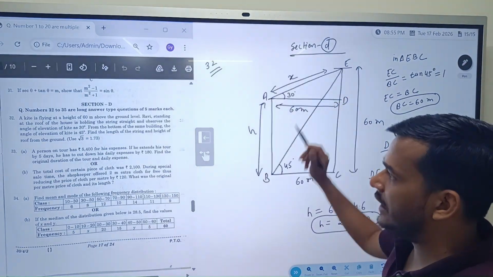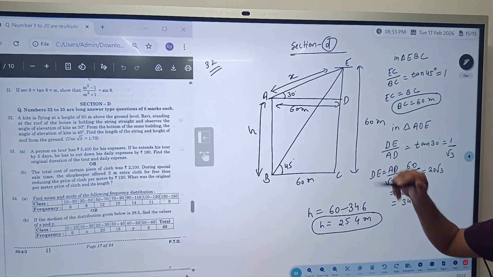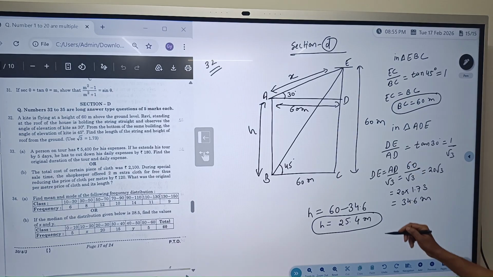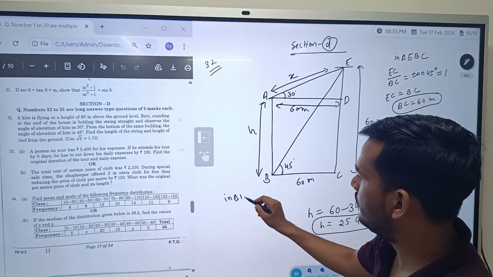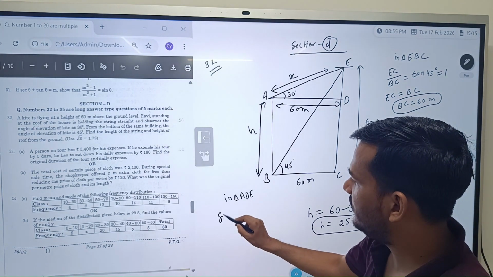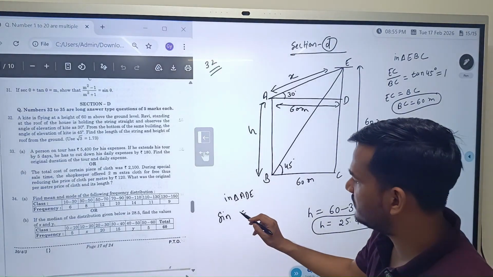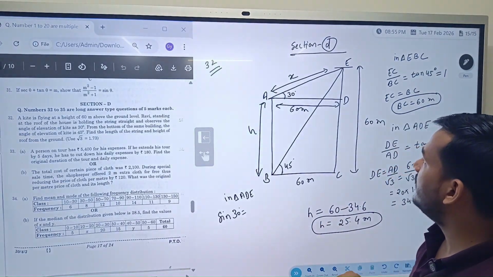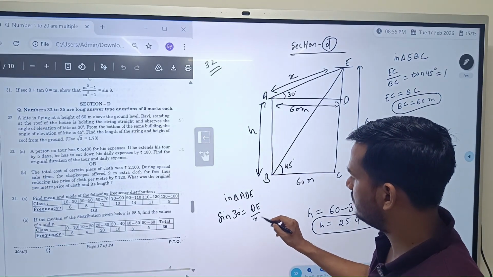Also, we have to find the length of the string, that is x. In the same triangle ADE, we can use sine theta, where theta is 30 degree. So sine 30 is equal to DE upon x.